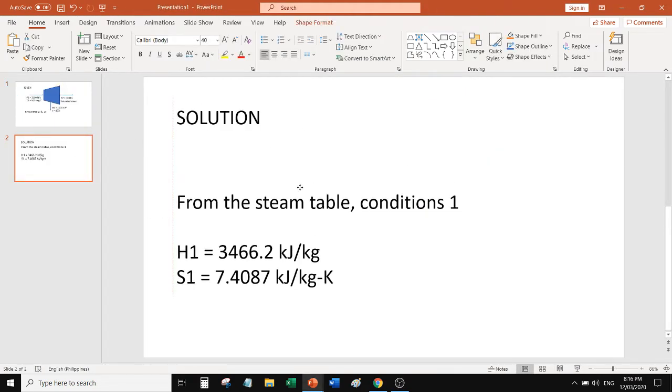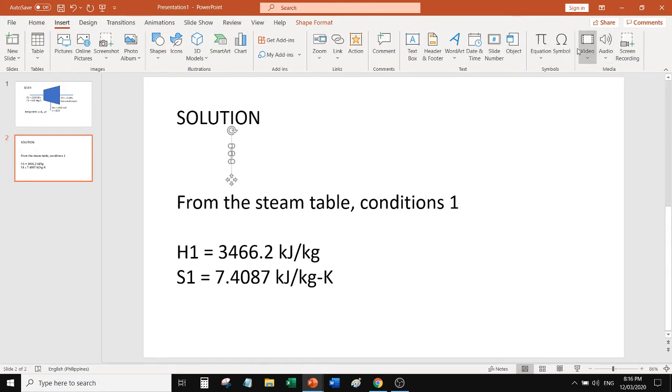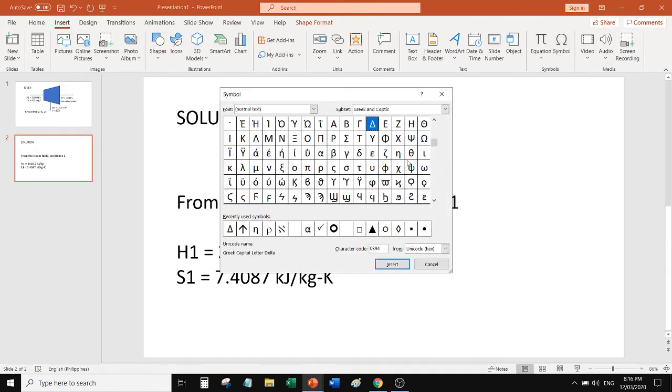Before this, you need to do a general energy balance.